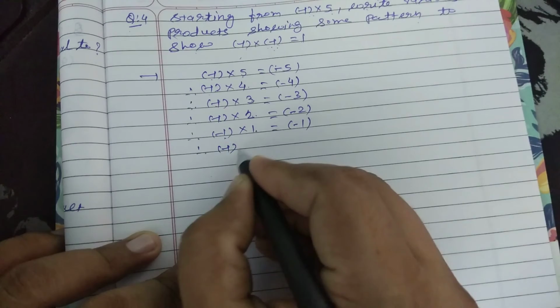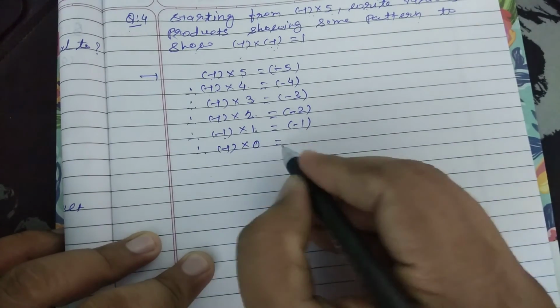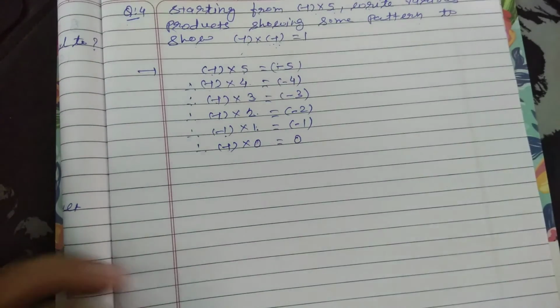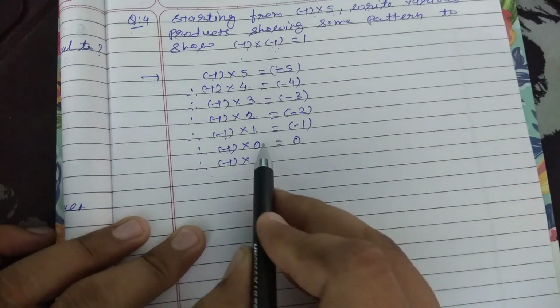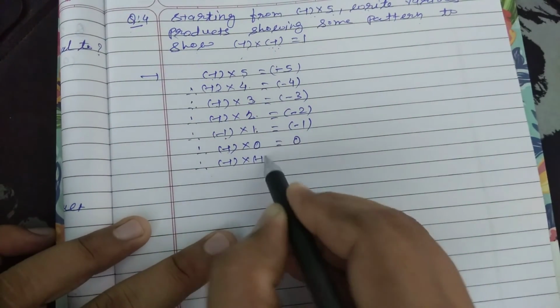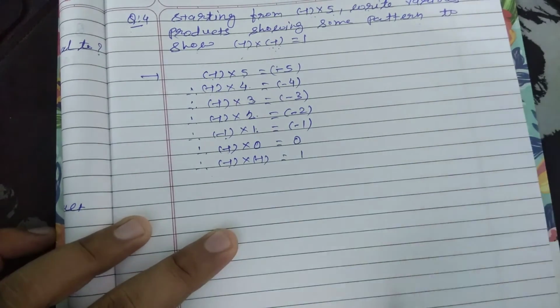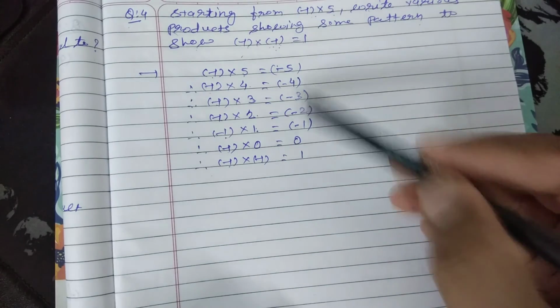Next, after 1 comes 0, and minus any integer multiplied with 0 is 0. Then in decreasing order, after 0 comes minus 1, minus minus plus, and 1 1s are 1, so the answer is 1. So now all these numbers we have written.